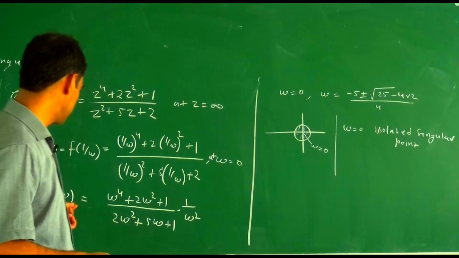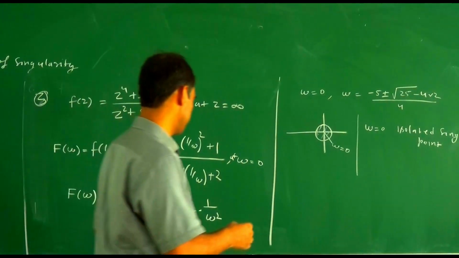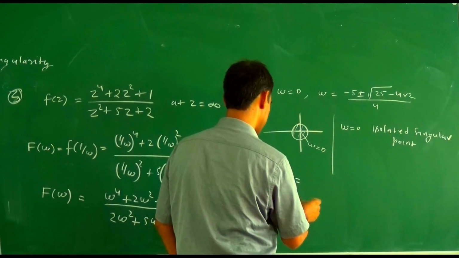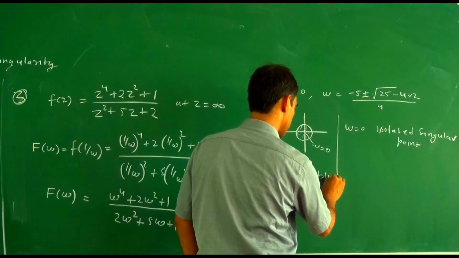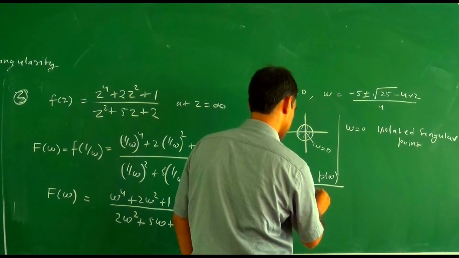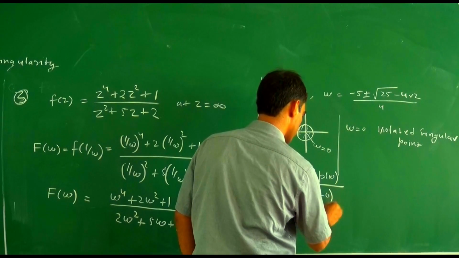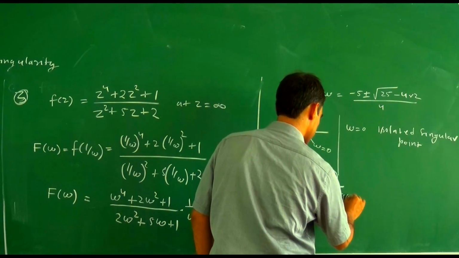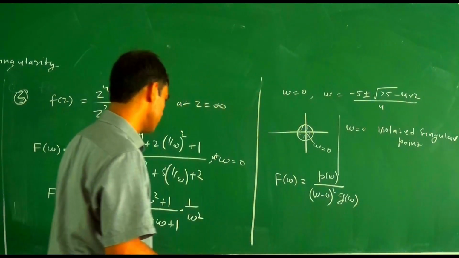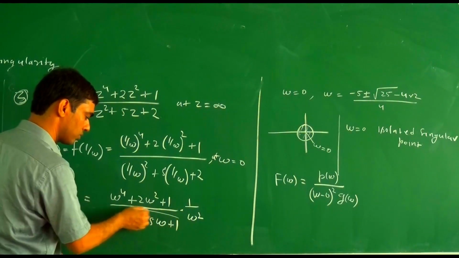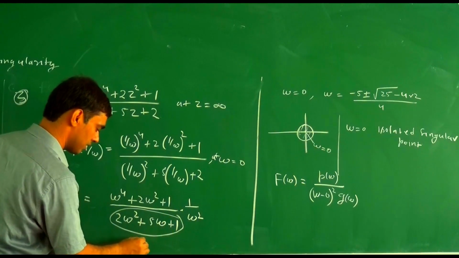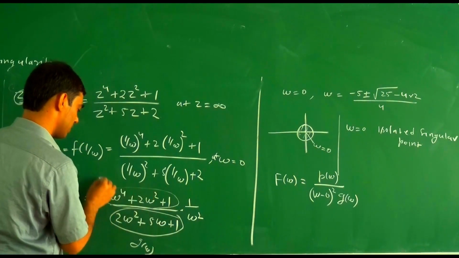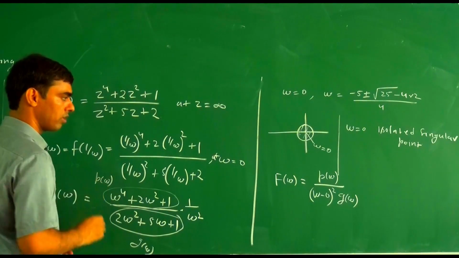So if we closely observe this expression, f(w) is in this form: p(w) divided by (w minus 0) whole square, into z(w). We compare: this one is z(w), and this one is p(w). What is the value of p(0)?